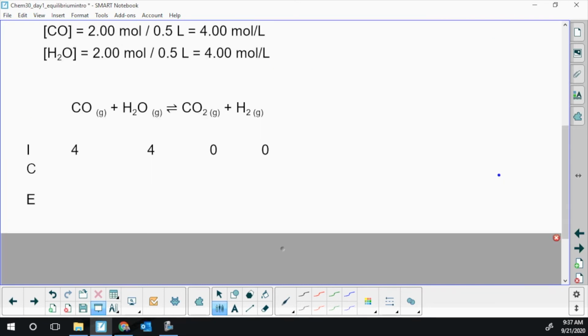I pre-typed in the initial concentrations. Now I use that ambiguous 500 that I try to avoid where you're not sure of sig figs. I'm going to treat this as 3 sig figs, even though those last 2 zeros we're not sure about. So I'm going to tell you those were measured. It was 500 measured to the nearest milliliter.